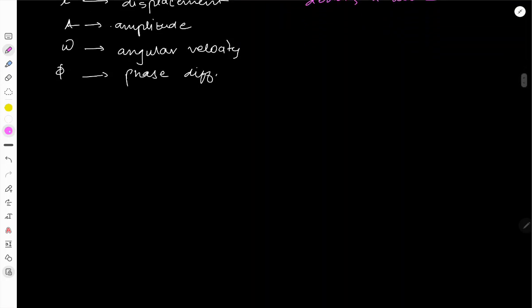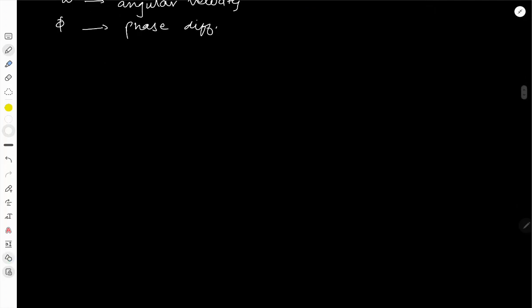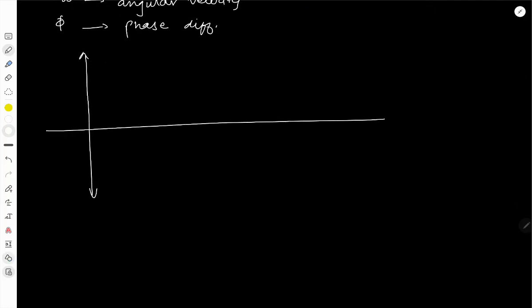So now that we know what a wave looks like, I'll just draw a quick rough sketch of what a wave looks like for the people who don't know it. This is all that you have studied in your previous chapters. So now let us get going.